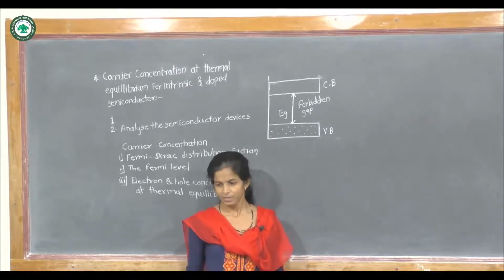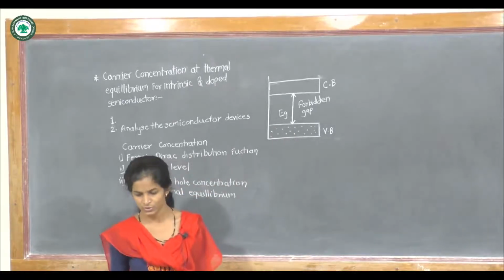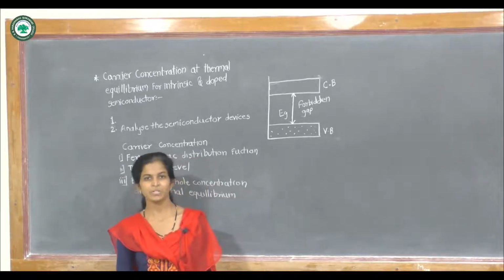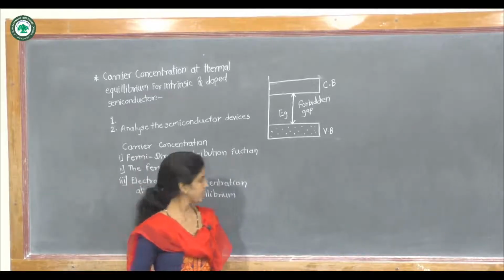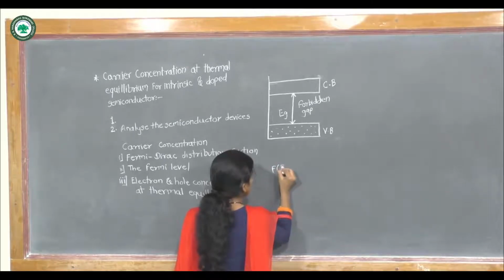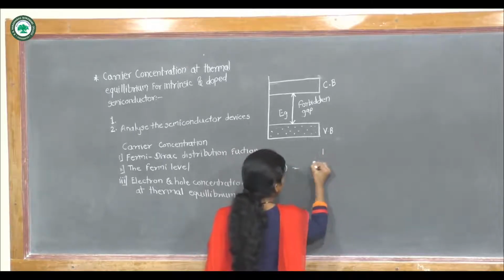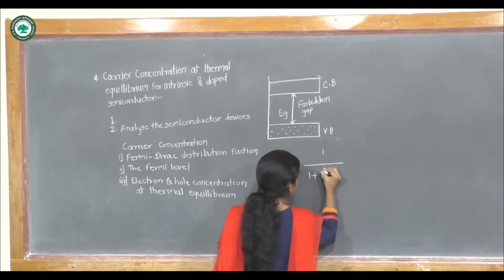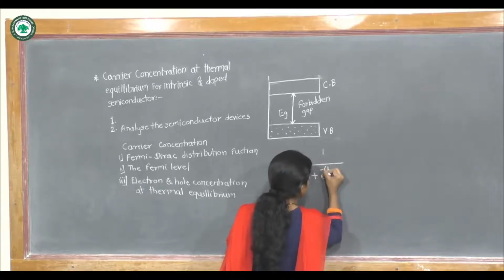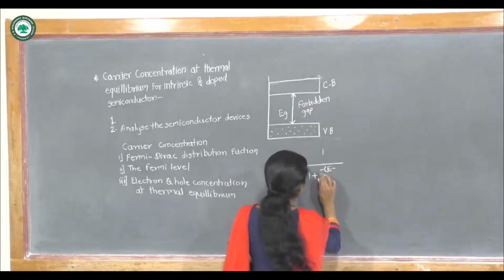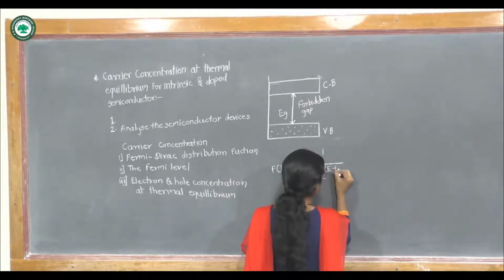The distribution of electrons over a range of allowed energy levels is nothing but the Fermi-Dirac distribution function, which is given by the function f of E equal to 1 upon 1 plus e raised to (E minus EF) upon KT.